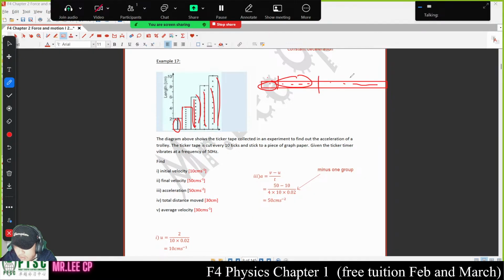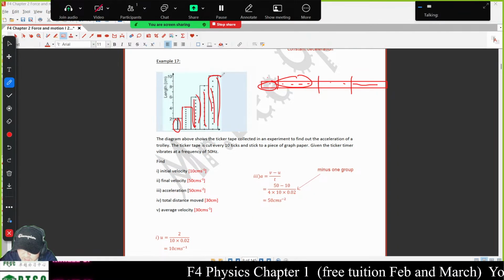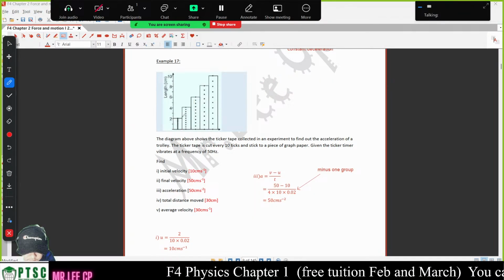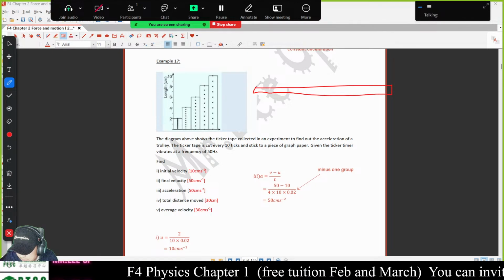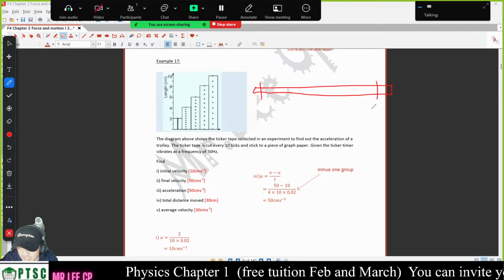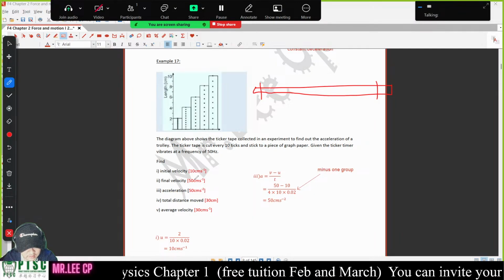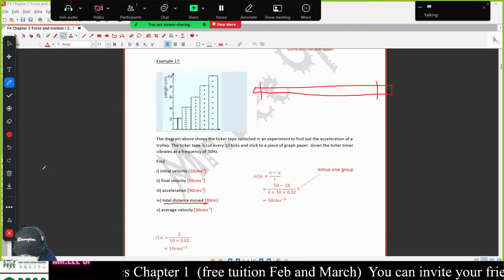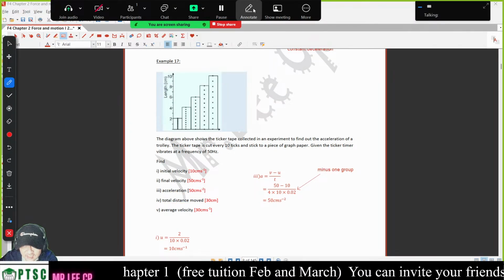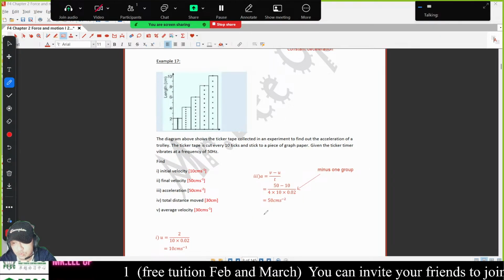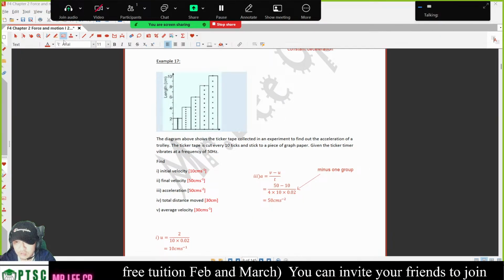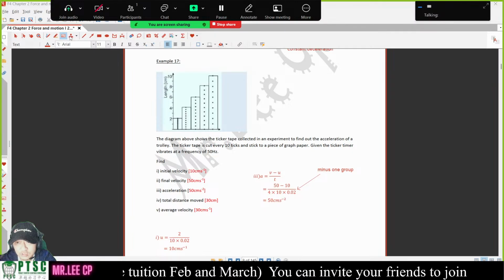So now this one, you take all of this out, and then stick back to here, you will get back this ticker tape. So this is how far you move altogether. In this case, distance and displacement are the same because the object moves in one direction. It is not moving backward. The trolley is moving forward only.